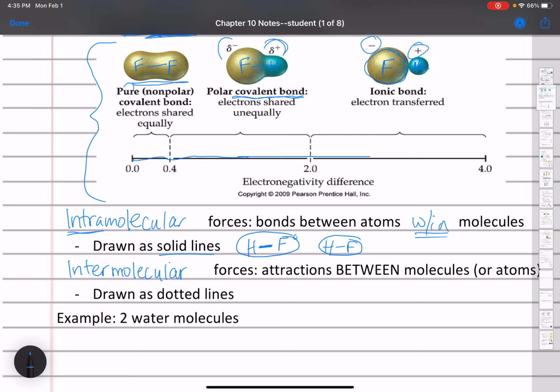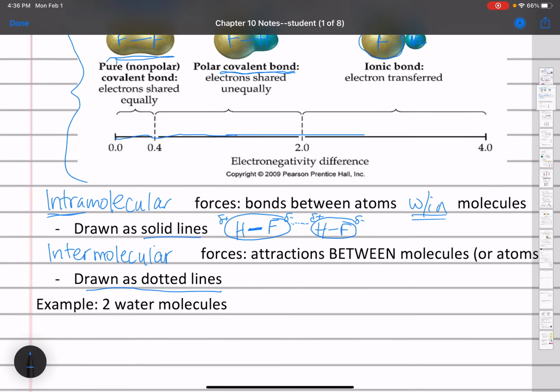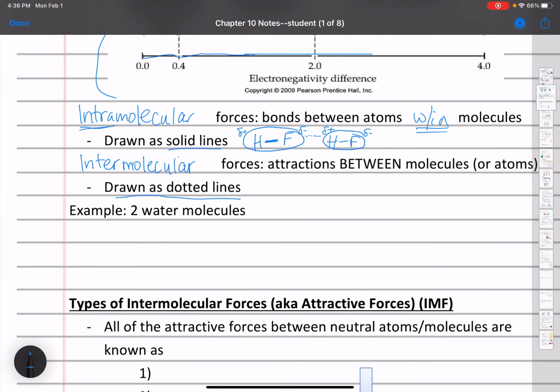The fluorine is partially negative, the hydrogen is partially positive, and these partially charged ends, these poles, actually attract each other because opposites attract. But we draw those as dotted lines. My dotted line's a little sloppy there. Intermolecular forces are attractions, and since they're not as strong as intramolecular bonds, ionic and covalent bonds, we don't draw them as solid lines. We draw them as dotted lines to distinguish them.